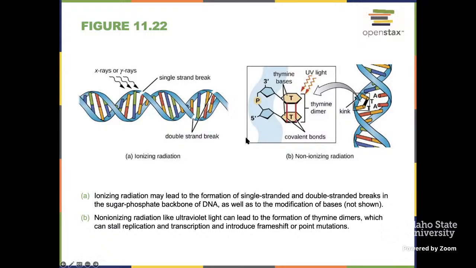Ultraviolet light, the non-ionizing radiation, causes different damage. We're not breaking the backbone. What we're breaking are hydrogen bonds. The thymines and adenines that should be hydrogen bonding together, UV light breaks those hydrogen bonds, and it causes two adjacent thymines to form a double bond, a covalent bond, between the two thymines.